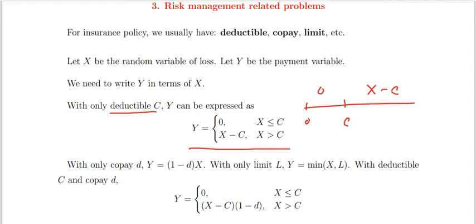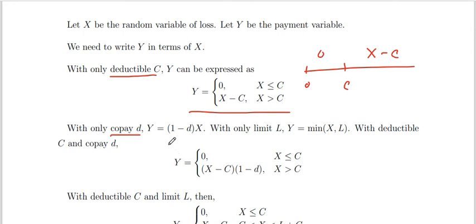Copay: if you have a 20% copay, you pay 20% and the company pays 80%. So with percentage D, you pay D%, they pay the remaining.